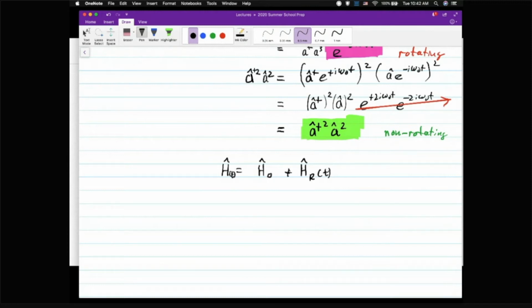Again, this is just an approximation that works well if I assume that this oscillation here is very fast and the amplitude of h rotating is very small. To a first approximation, I can say that this Hamiltonian is approximately equal to just h naught. I can essentially drop all the rotating terms.